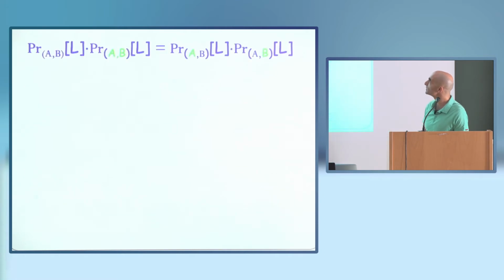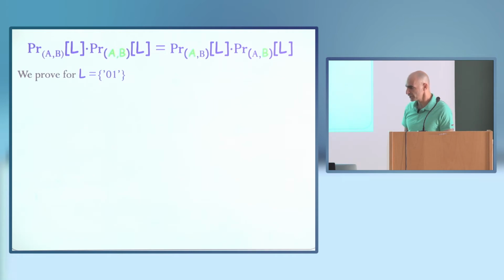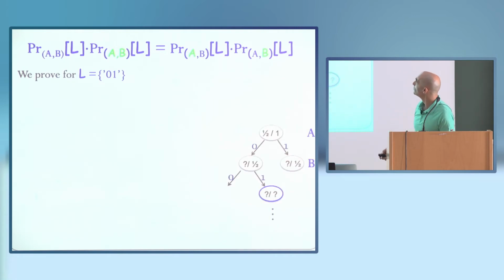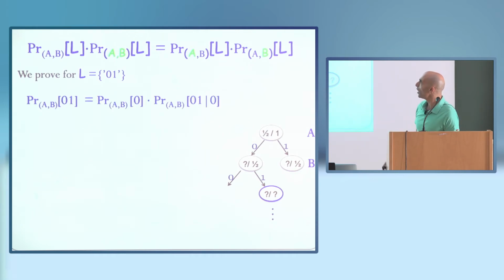So let's see the compensation lemma. How do we go about proving it? Let's prove it for the simple case of a single node, a single transcript. The probability of going to 0, 1 is simply the probability of going to 0, and then from 0 going to 0, 1.